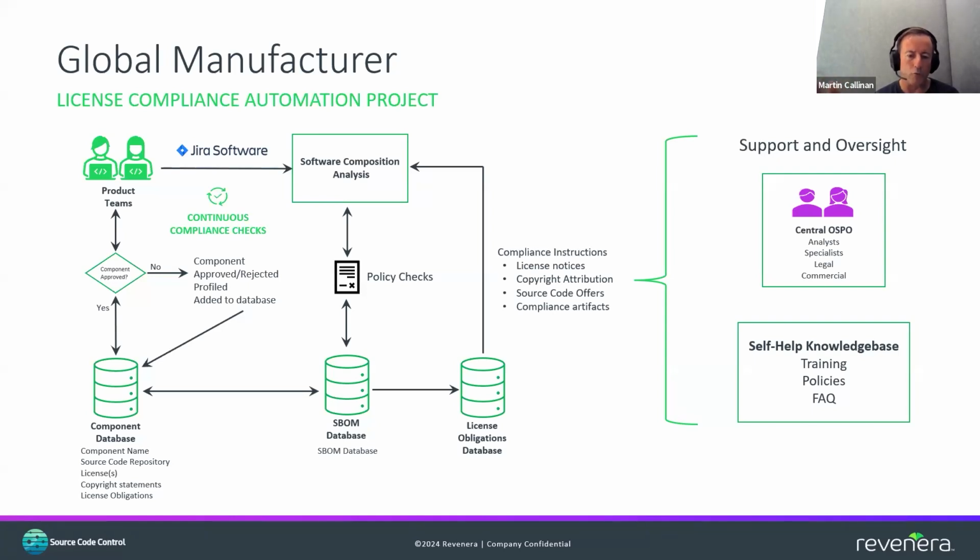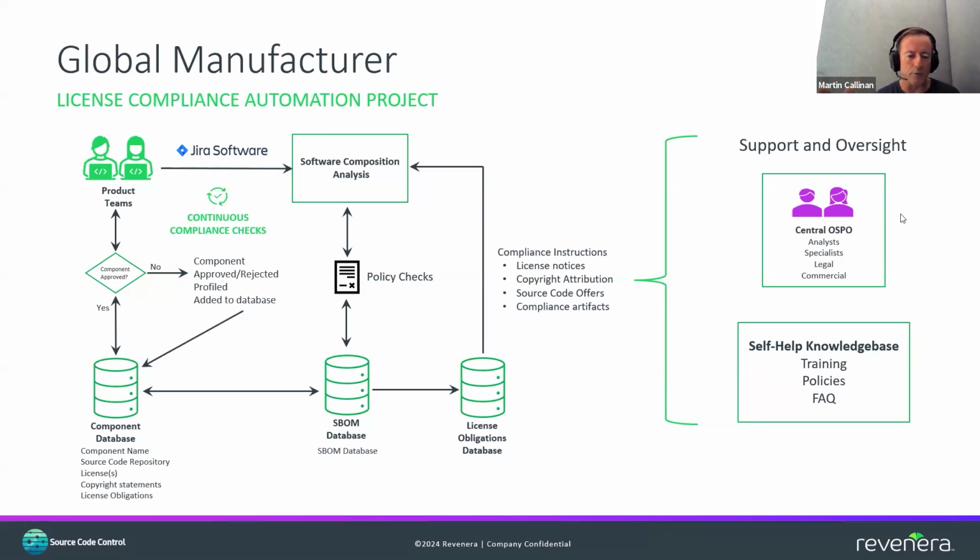This has evolved, and it's to create automation and enable parts of the company to be able to self-manage as much as possible and not be a restriction to software development and creativity. So first of all, on the right hand side, under the support and oversight, the first thing they did was create what's called an open source program office, OSPO.